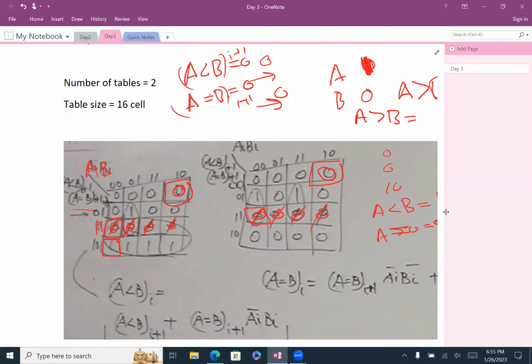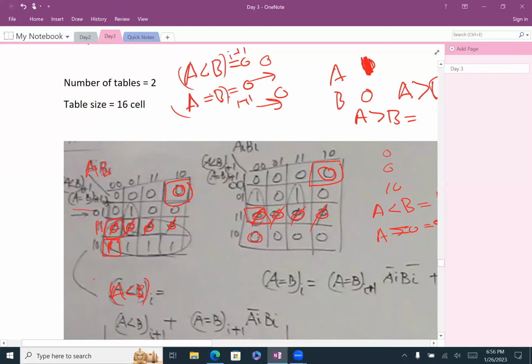So what's your output? If my current stage is equal, it's going to carry over from the previous one, because I have to decide on the most significant bit. So I will have 1, because this one is A less than B, and this one, the equal one, is not equal.